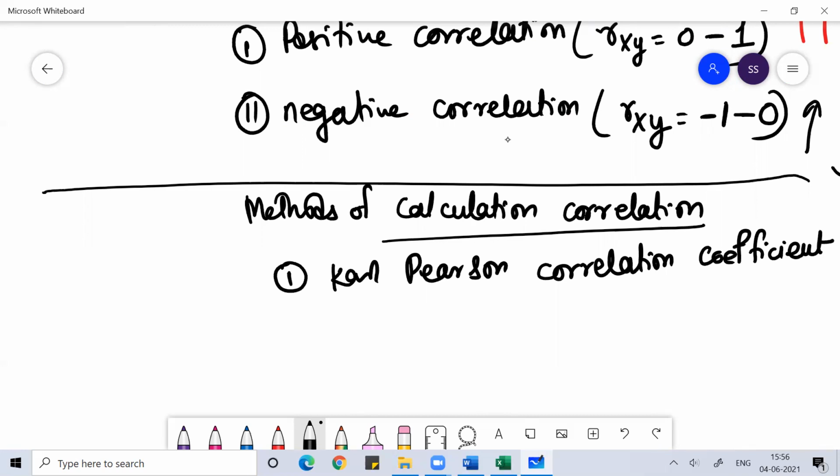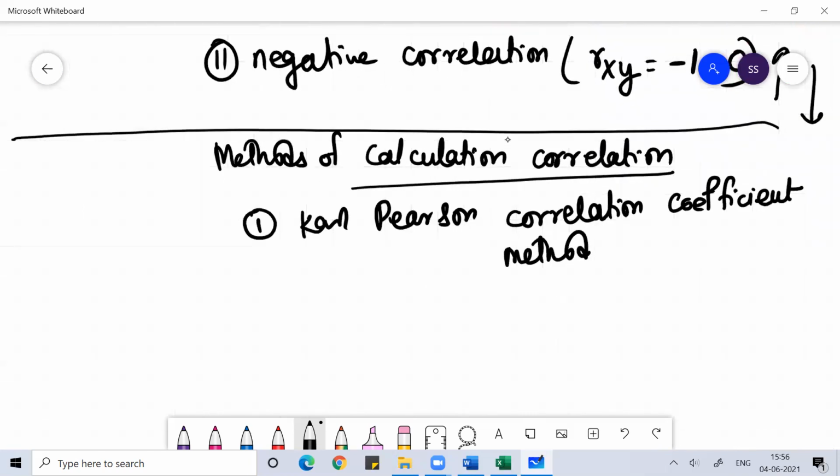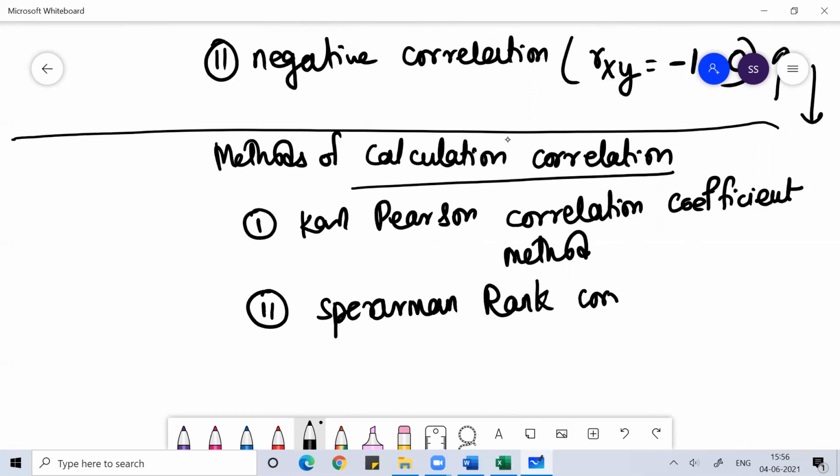We can find the correlation coefficient between two variables by using the Karl Pearson correlation coefficient method, or we can use the Spearman rank correlation coefficient method.